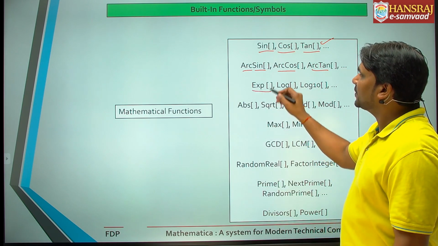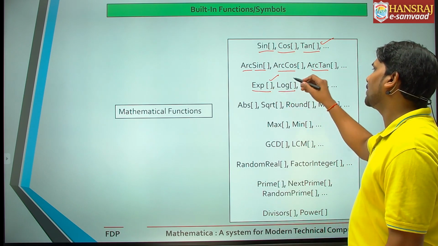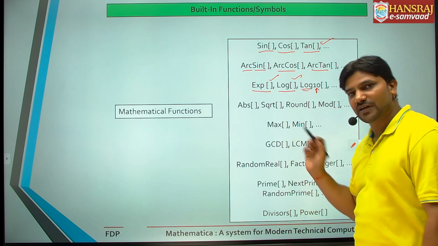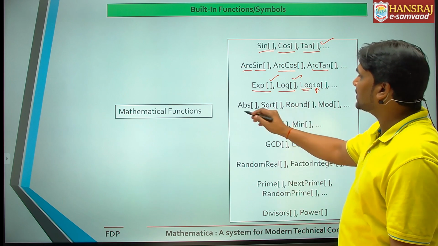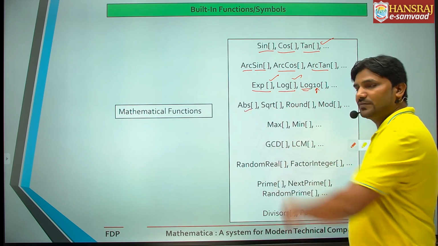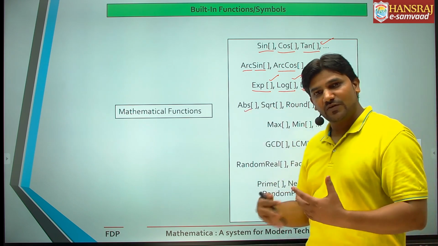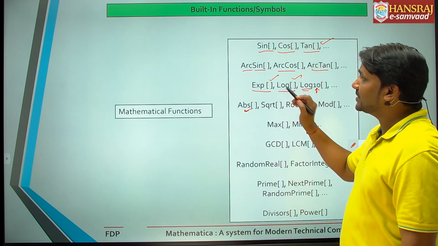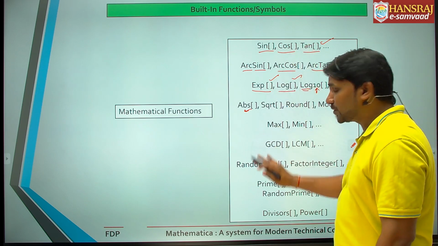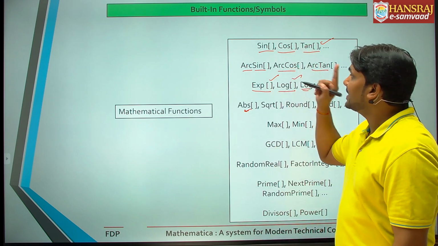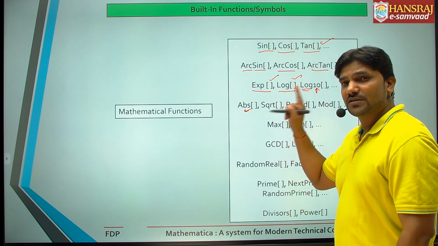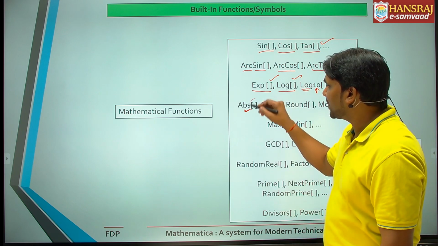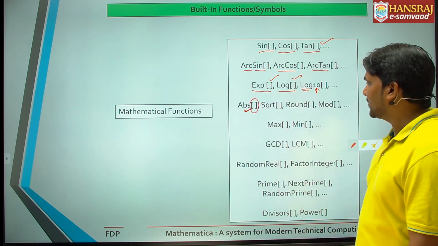There is the exponential function Exp, and the logarithmic function Log, with a base. And Abs for absolute value. If you want to find the absolute value of some function or some value, then you will use Abs. And you can see here the Mathematica rule, that every word has its first letter capital and input will be in square brackets, as we will see in the coming examples.